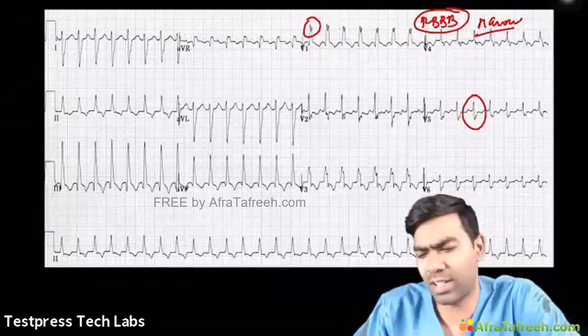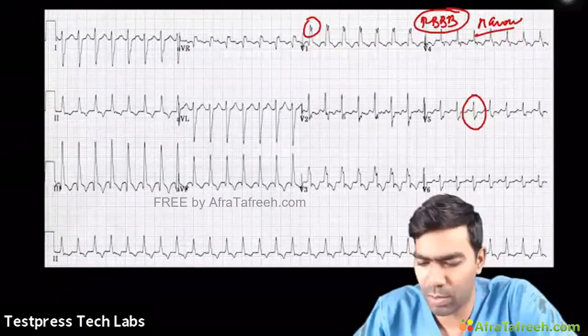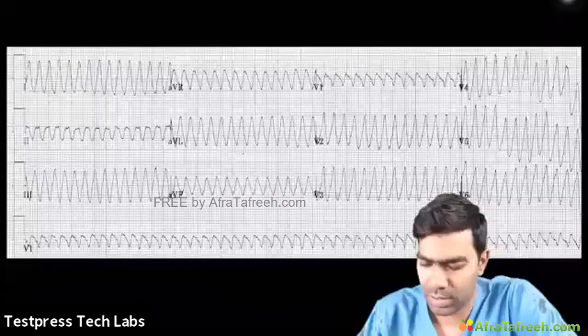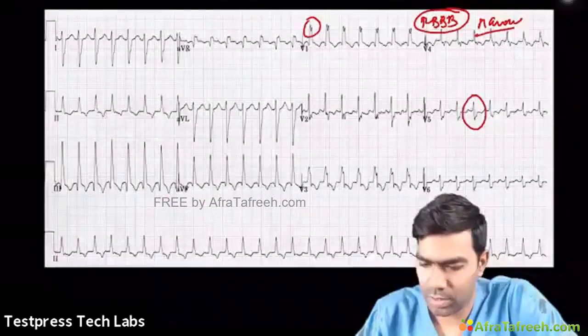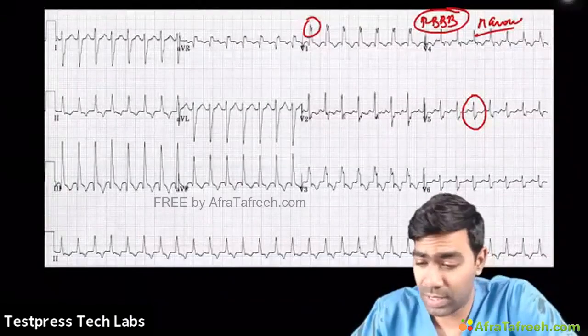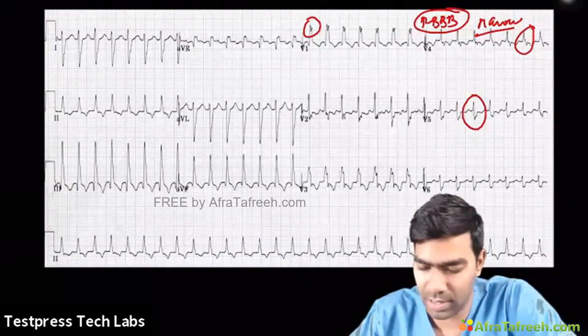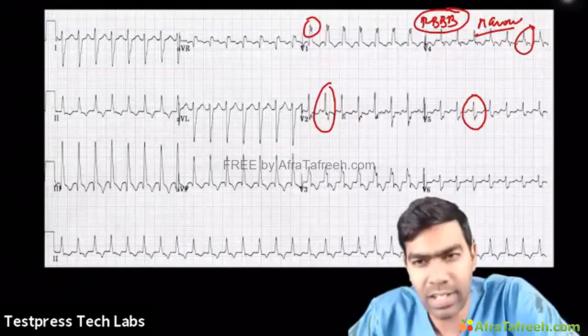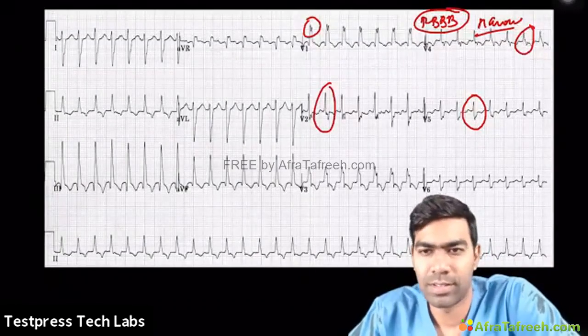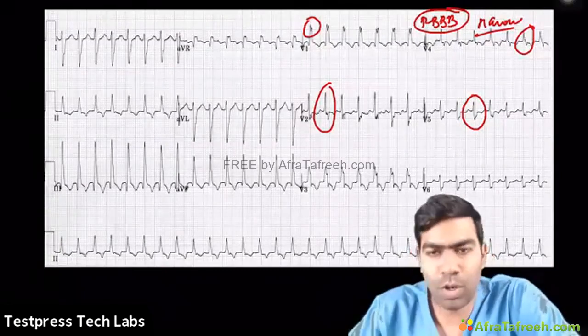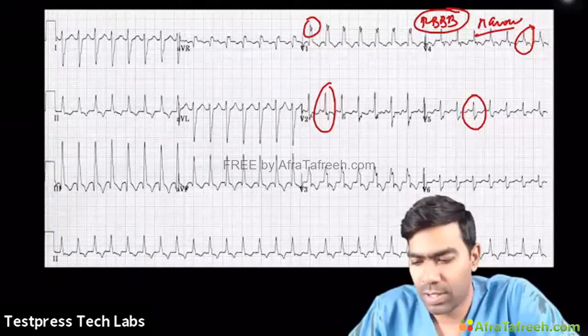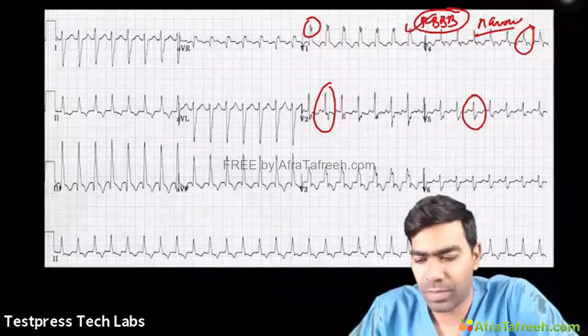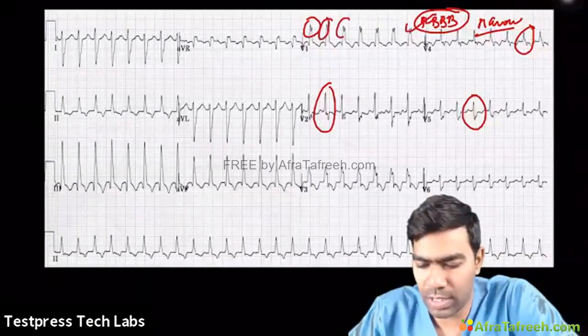Touch your heart and tell, does it look like a wide complex? See this area, this one. Do you really think it's a wide complex? I don't think it's a wide complex. It's more of a narrow complex kind of a zone. And you're having an RBB pattern. And surely you're also thinking it's a VT.